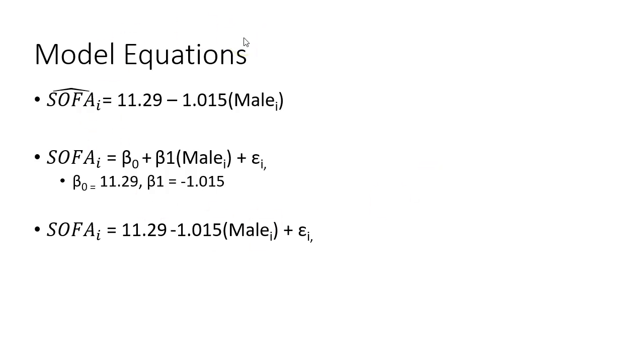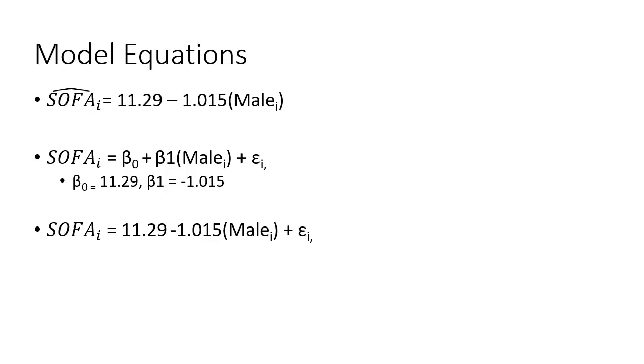And here is how the model equations get expressed. I'll start at the top. The first one is the sample-specific expression. That symbol on top of SOFA is called a hat. We often use a hat to express a predicted value.